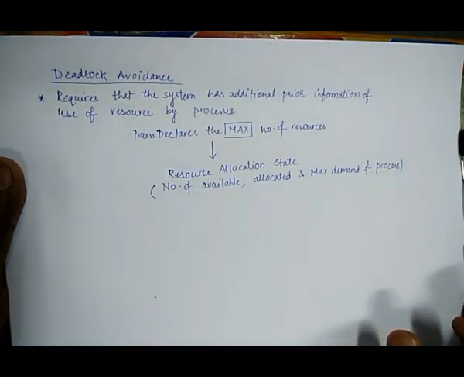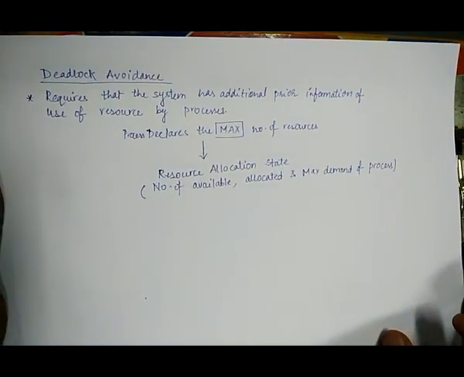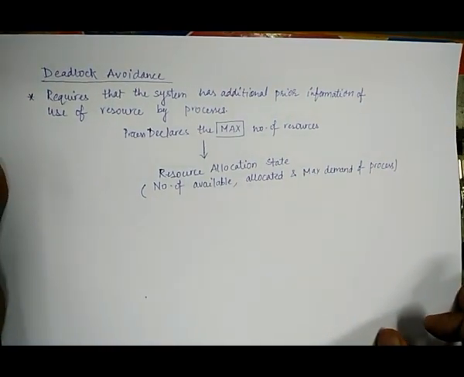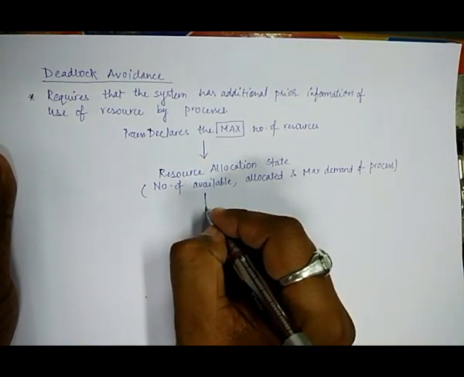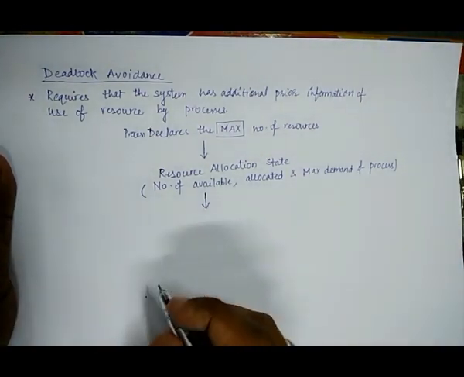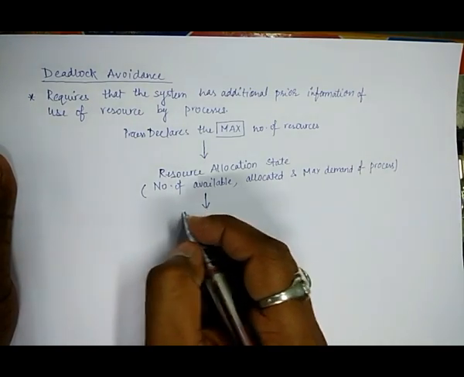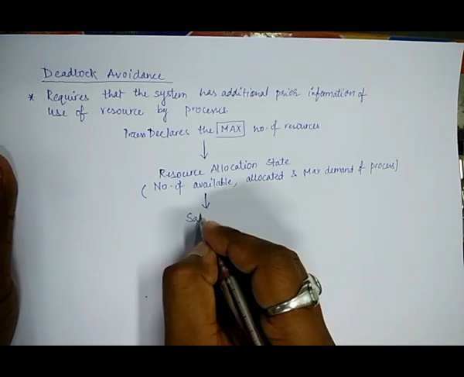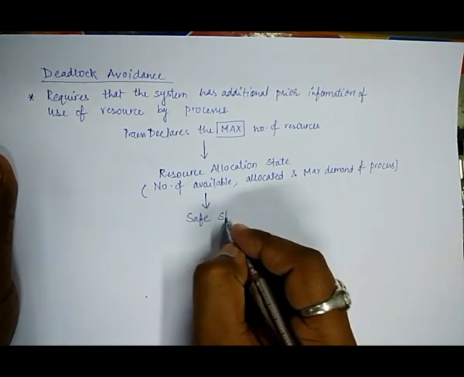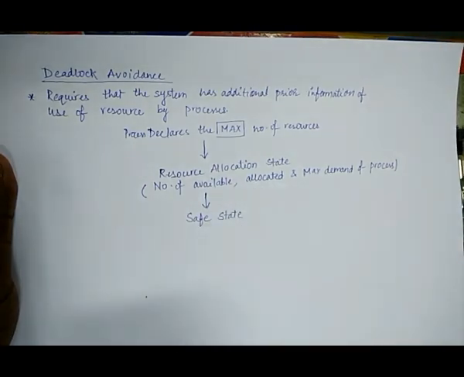The collection of all this information is called the resource allocation state. Now on the basis of this resource allocation state, the system checks whether the system is in safe state or not.